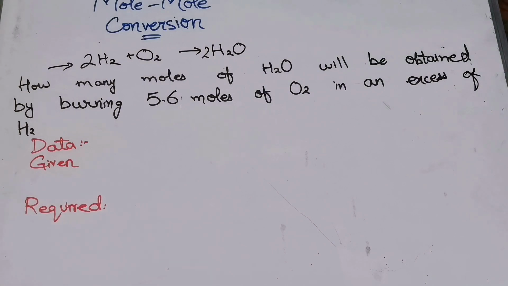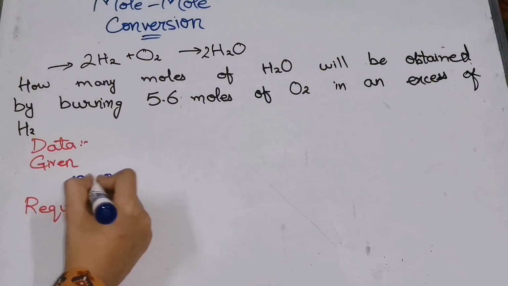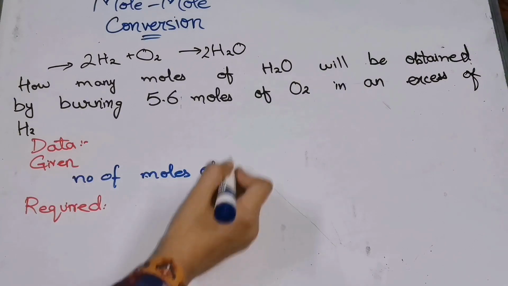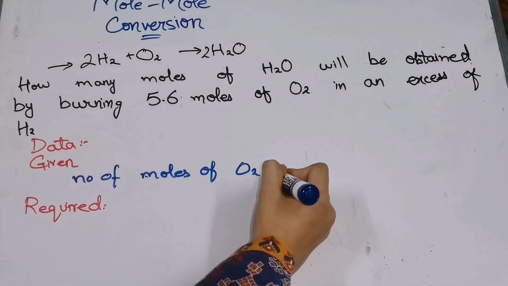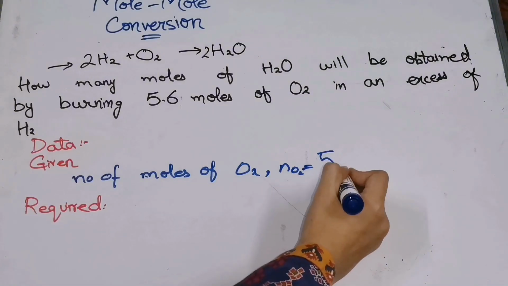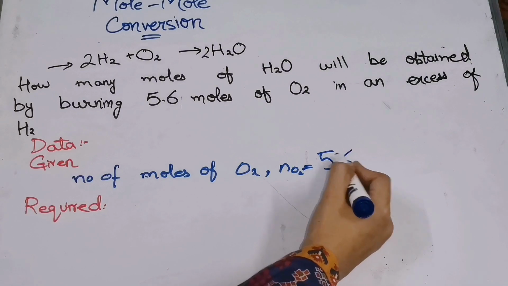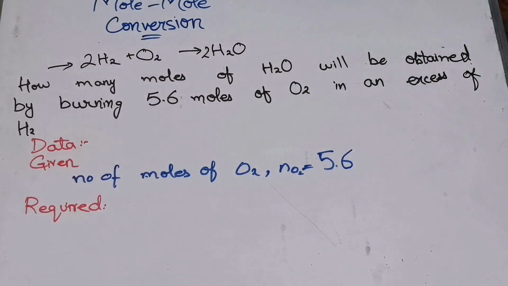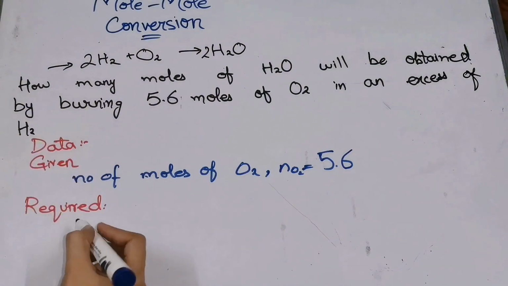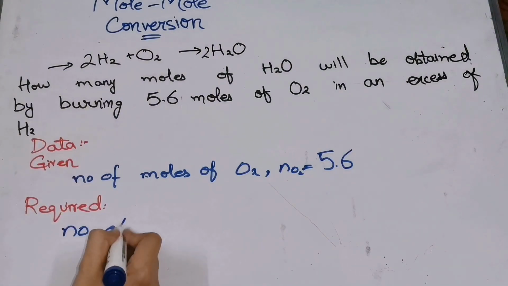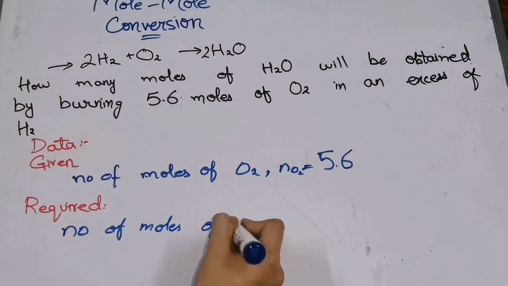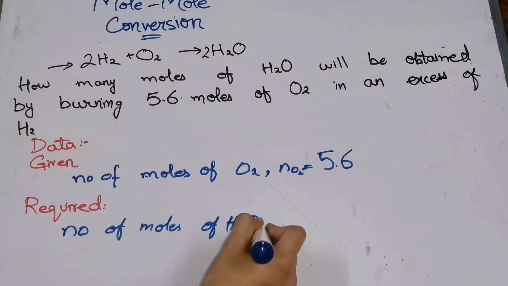So what is given? Number of moles of O2 is equal to 5.6. And what is required? They ask how many moles of H2O can be obtained. So we have to find the number of moles of H2O.